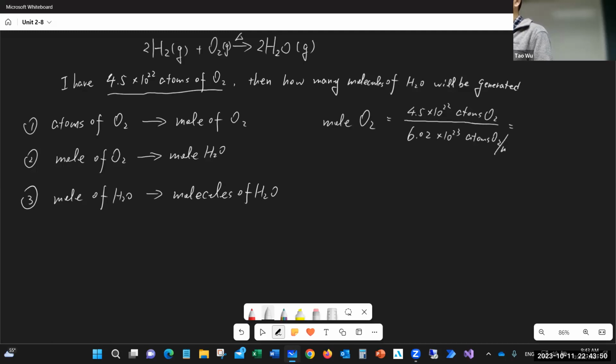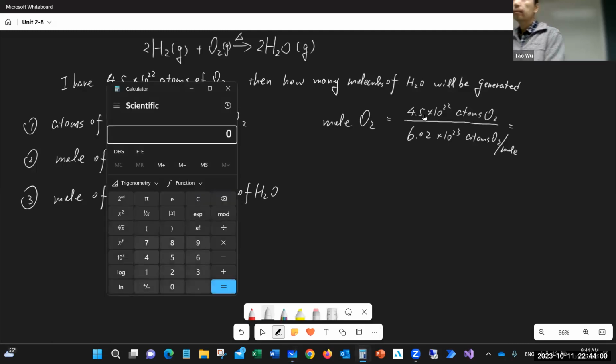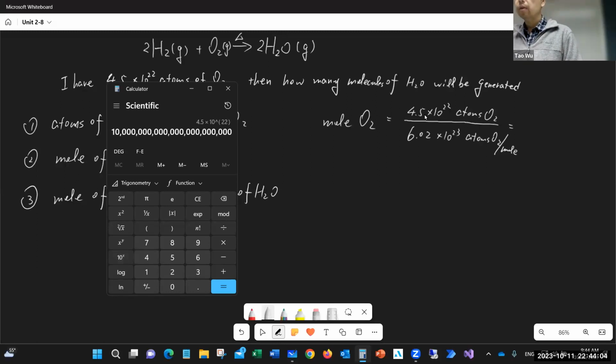This is per mole. So let's figure this out: (4.5 times 10 to the 22nd) divided by (6.02 times 10 to the 23rd). Then we got this.